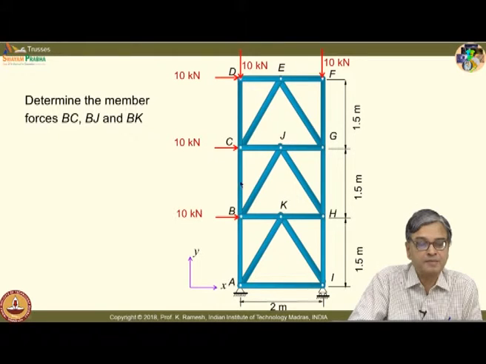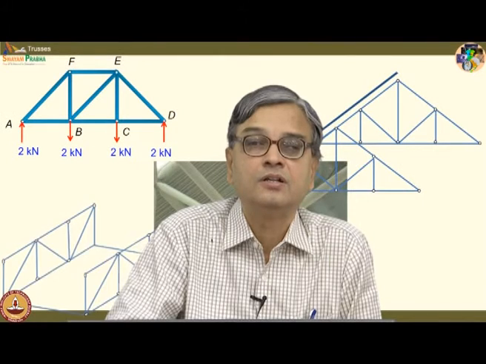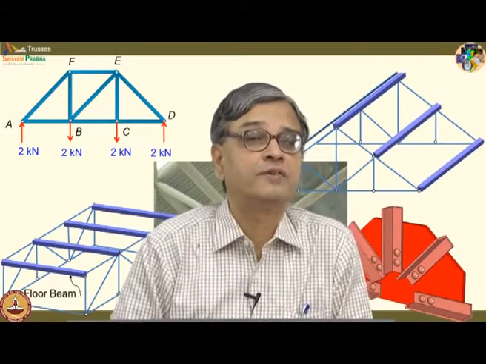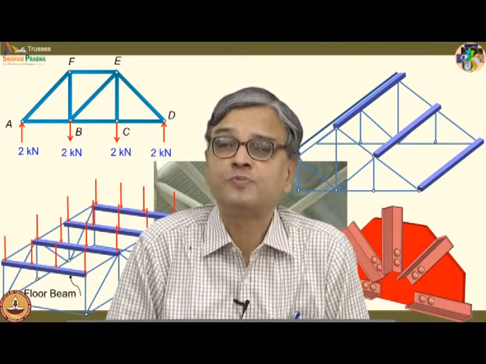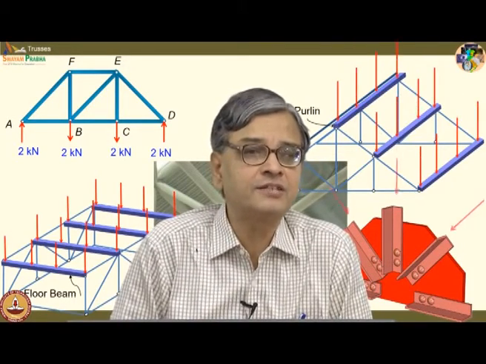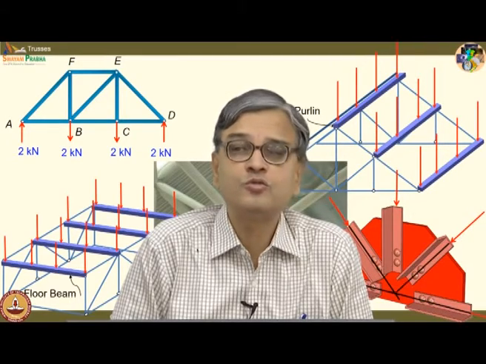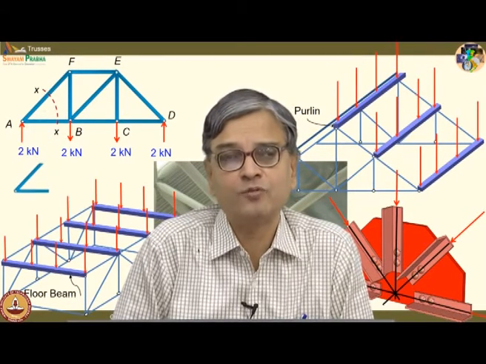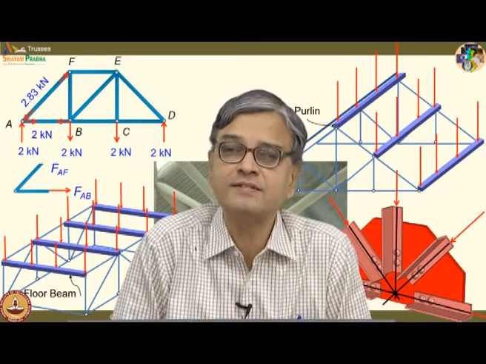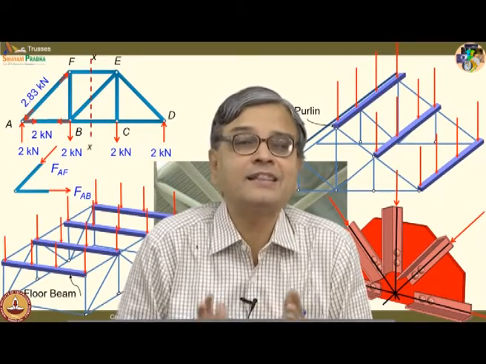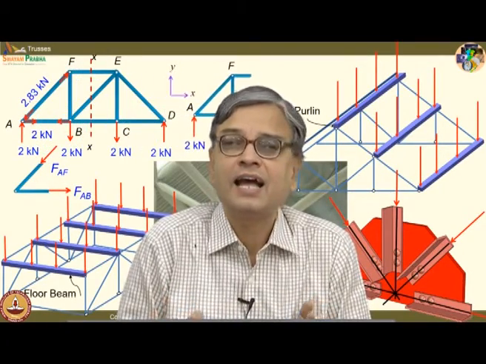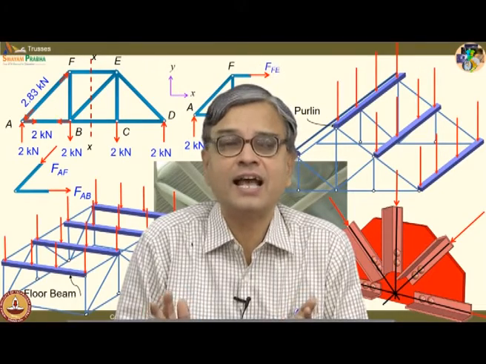I have the member BC, the member BJ and the member BK. The choice is yours, whether you want to use method of joints or method of sections. You should use them judiciously, either one of them or a combination, and ultimately get these member forces as efficiently as possible.